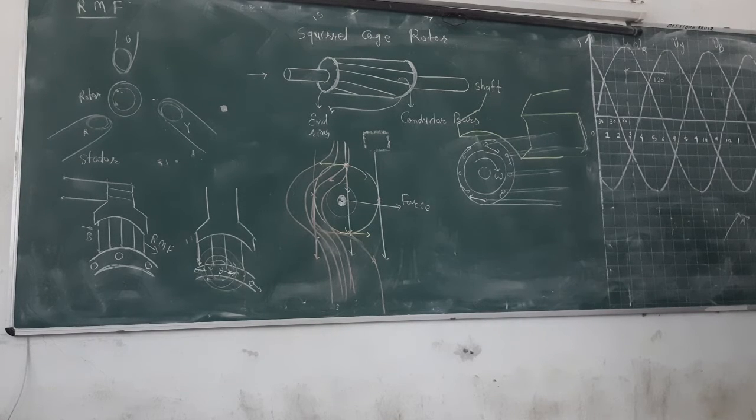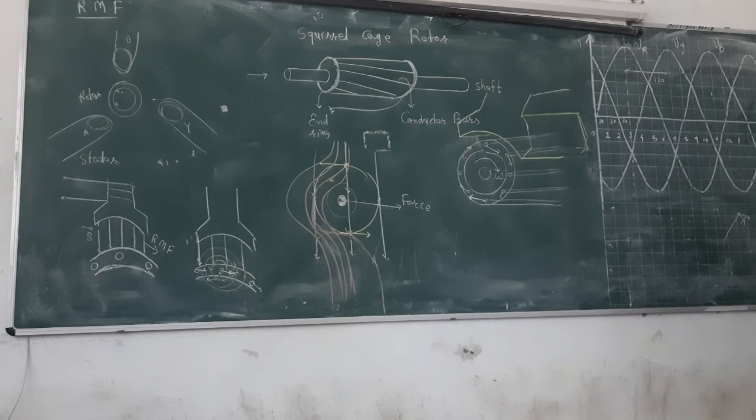But if it is rotating at 3000 RPM, does the rotor also rotate at 3000 RPM? Does the rotor rotate less than 3000 RPM? Does it rotate higher than 3000 RPM? What do you think? Are you getting my question? The rotating magnetic field has a rotating speed, how fast or how slow it is rotating.